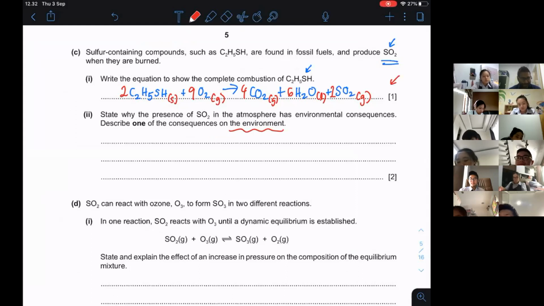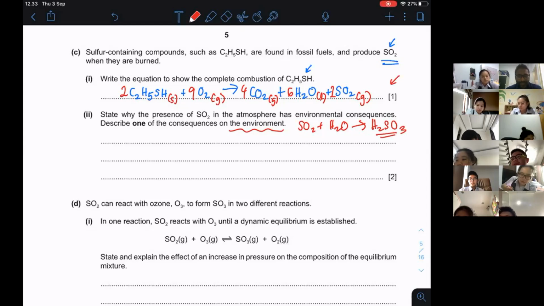SO2 plus H2O, that's going to give you what? Lavi?